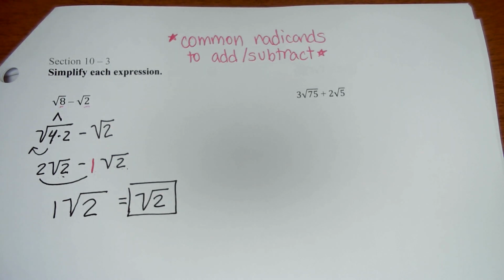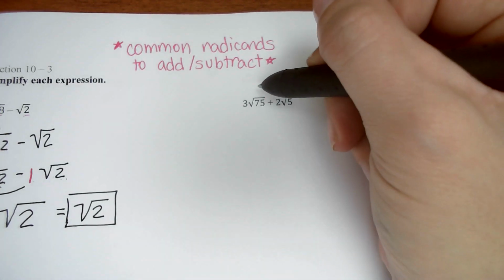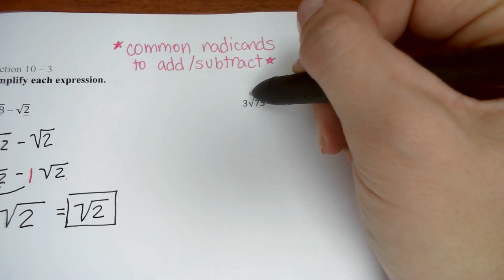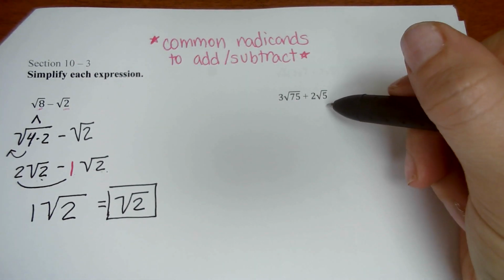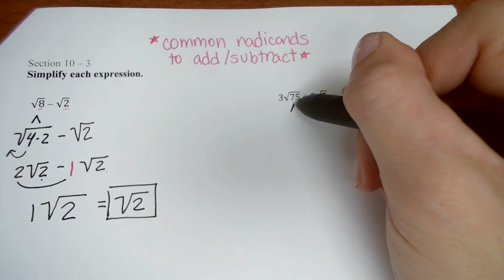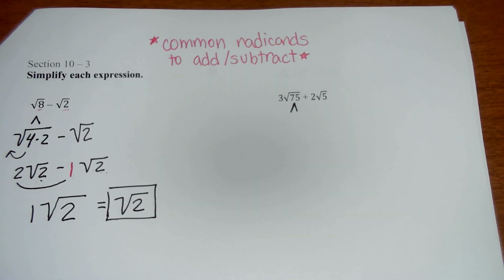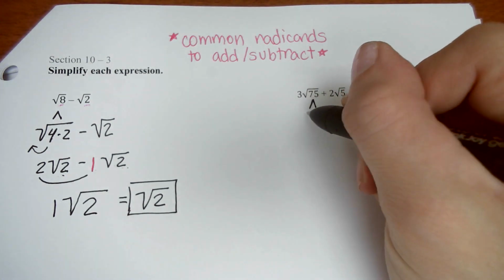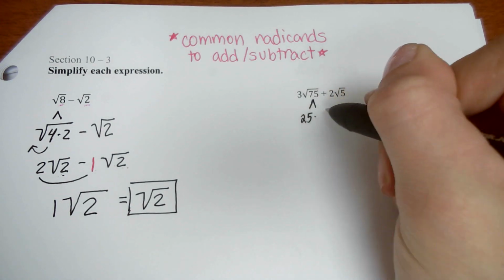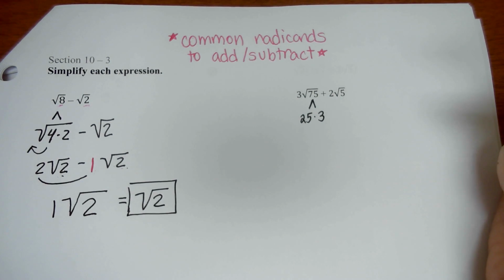All right. Now the next one we're going to do has coefficients this time. So here 5 is prime, so just like before, I can't break that term down, but I can break down the 75. And if I go through my list of perfect squares, I know 75 can be divided by 25, which is the perfect square.